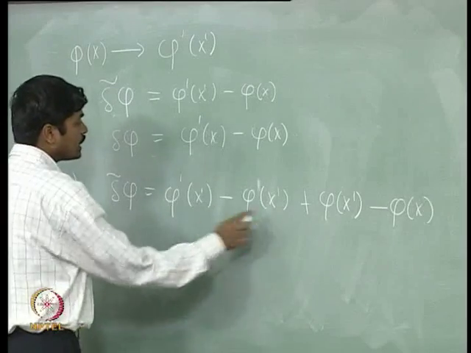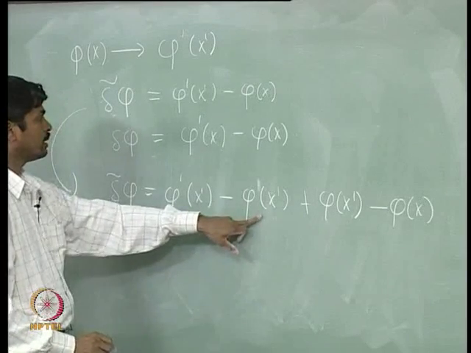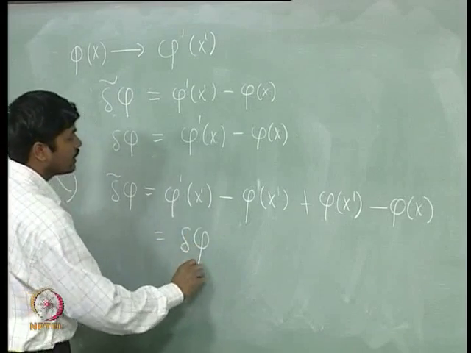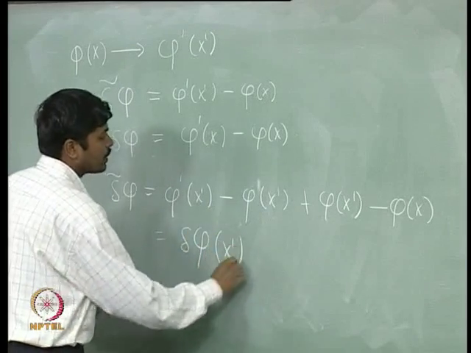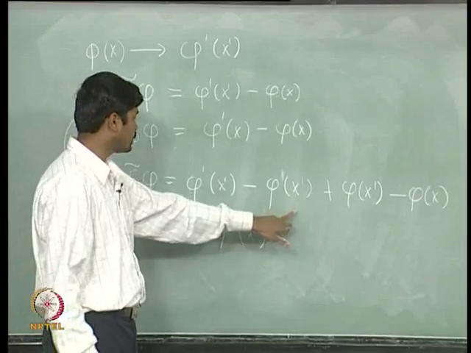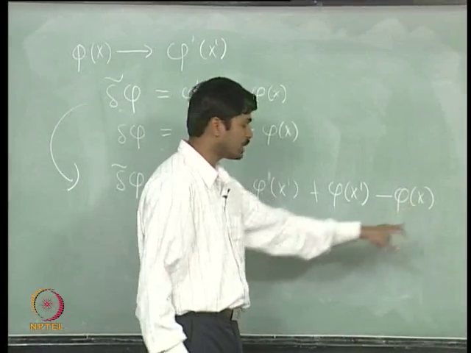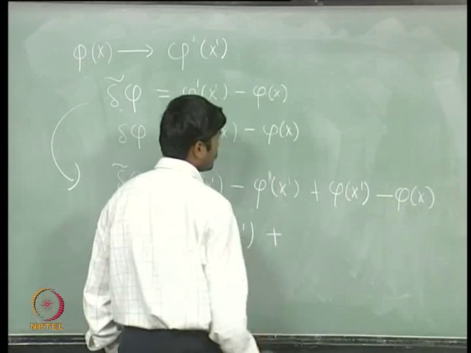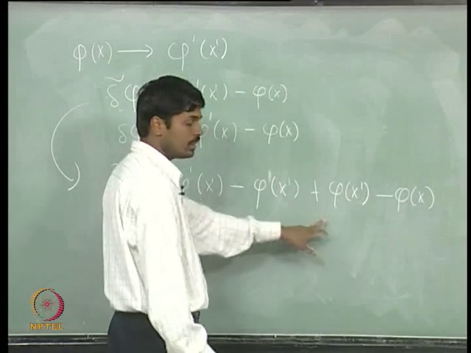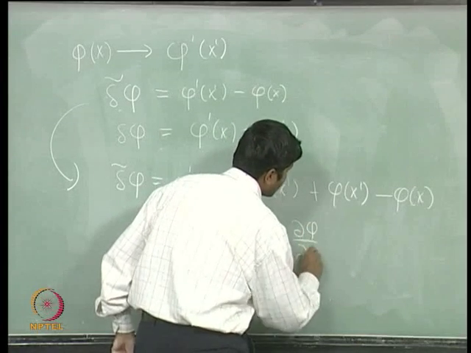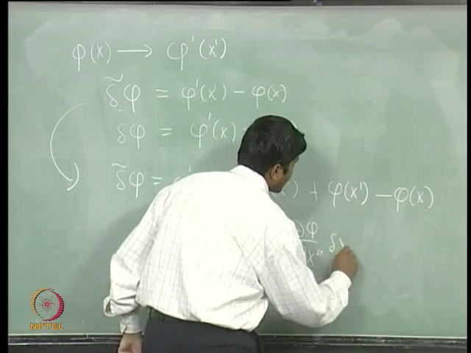However, now you can see that the first two terms give me delta phi of x prime, and the last two terms give me, for an infinitesimal transformation, del phi over del x mu delta x mu.